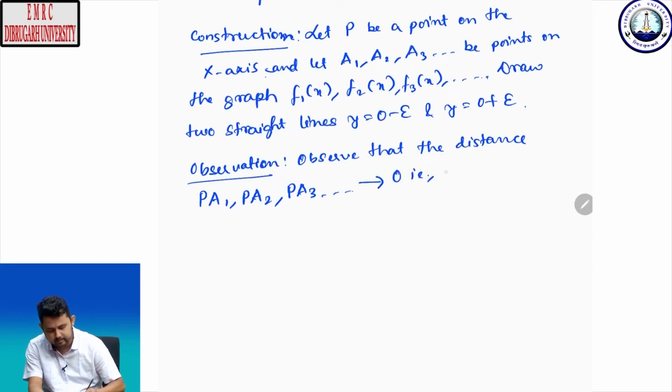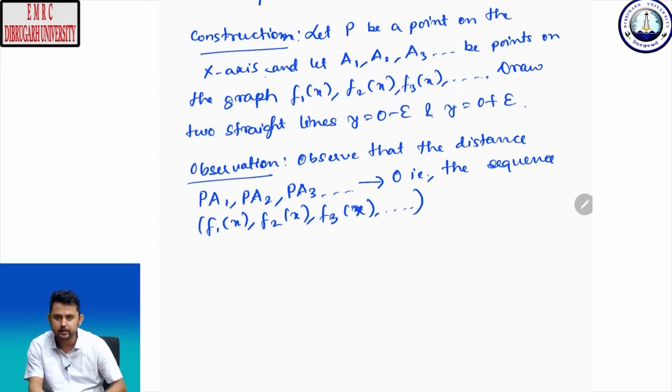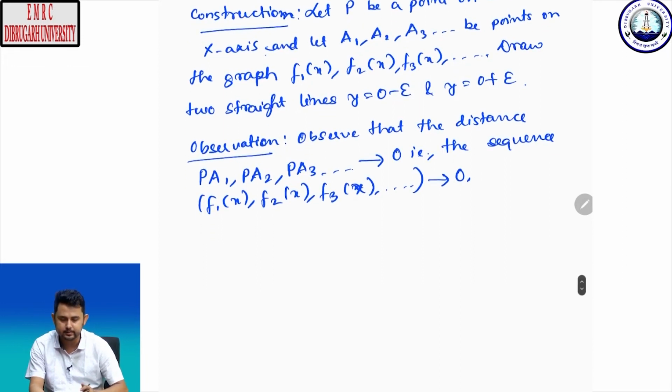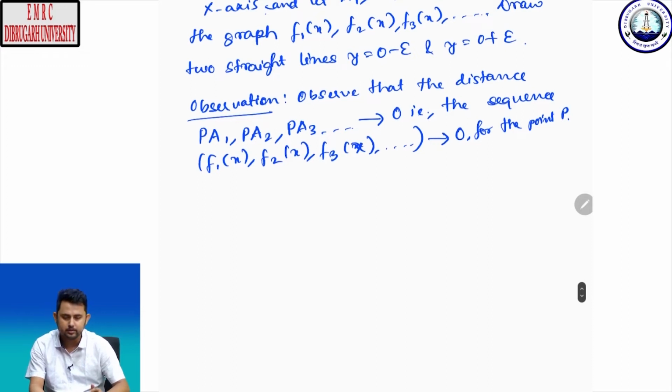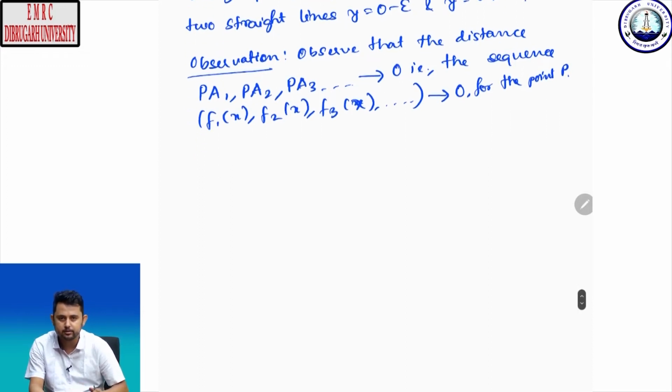That is, the sequence f1x, f2x, f3x and so on, this sequence converges to 0 whenever the point P is on the x axis, right. So, for a particular value of x, this will converge to the limit function 0.